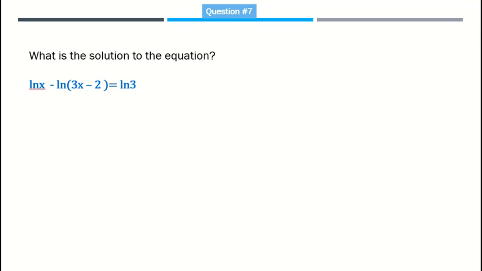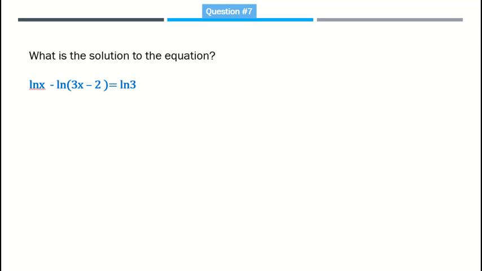For question number 7, we're asked what the solution is to the following equation. The natural log of x minus the natural log of 3x minus 2 equals the natural log of 3. So the two inputs, this is a one-to-one function, meaning the two inputs have to be equal and positive.